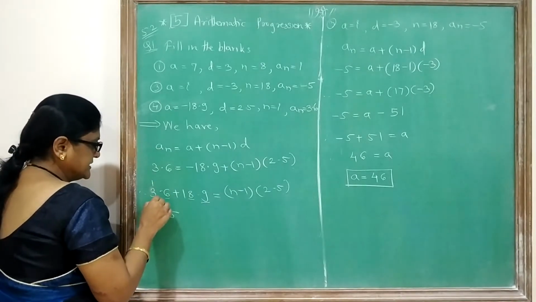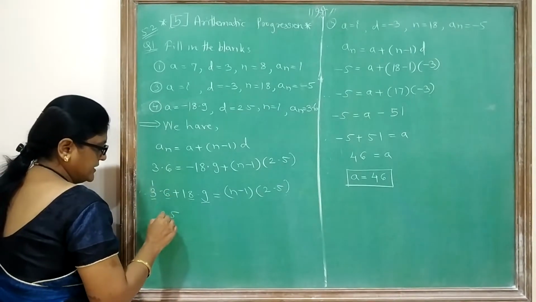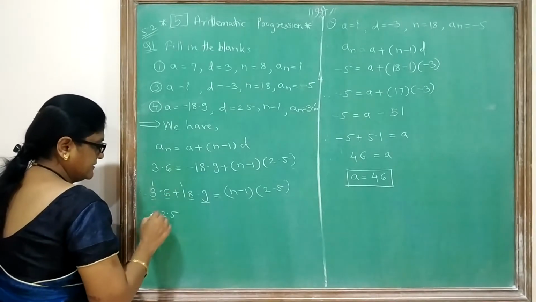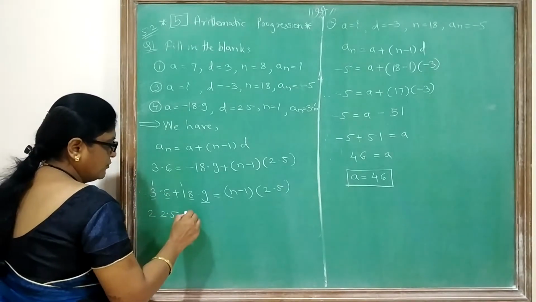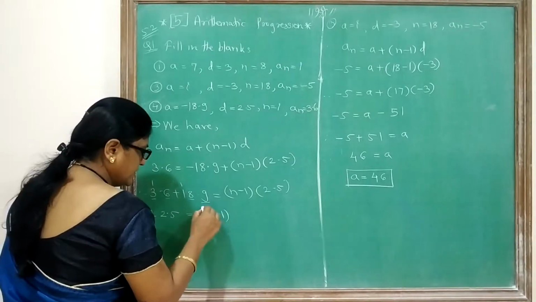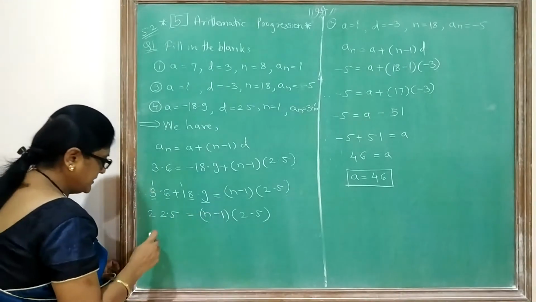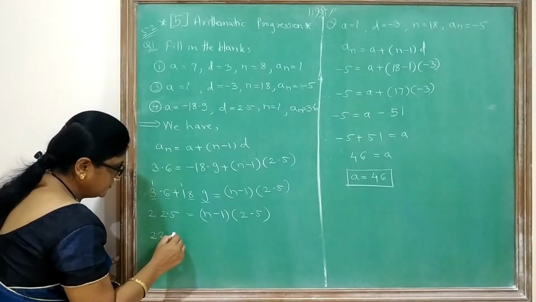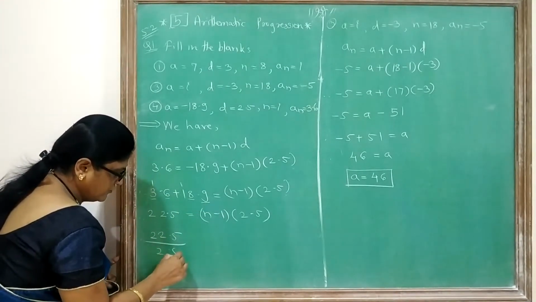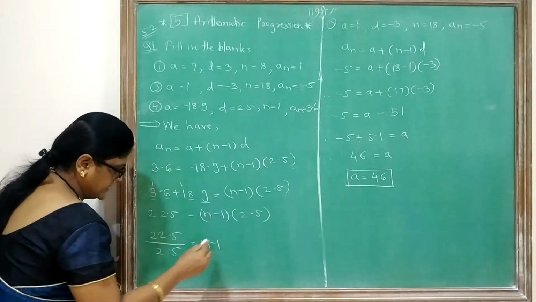Then they are added, then you will get 22.5 equal to n minus 1 into 2.5. Then this 2.5 will be transferred to that side, that is 22.5 divided by 2.5 equal to n minus 1.